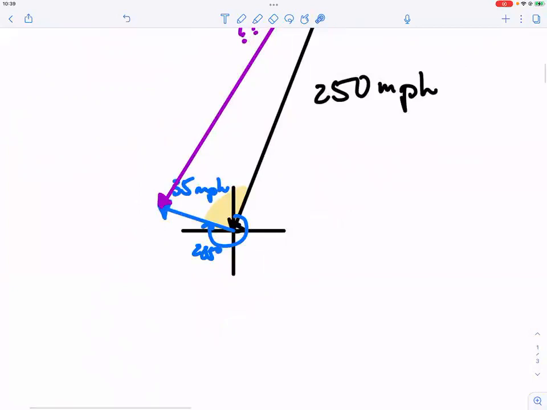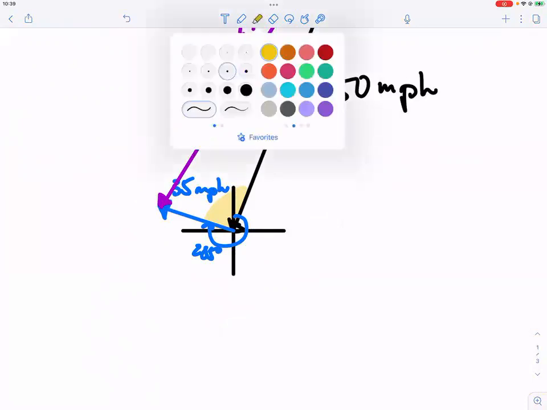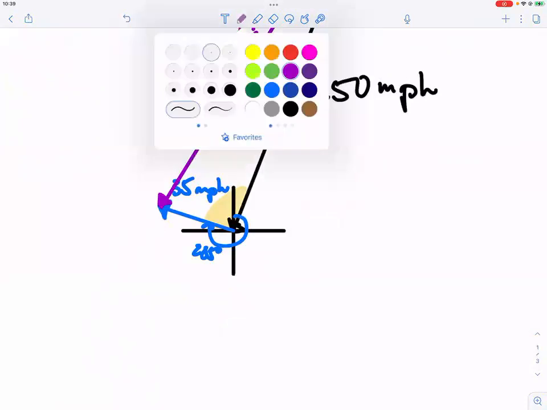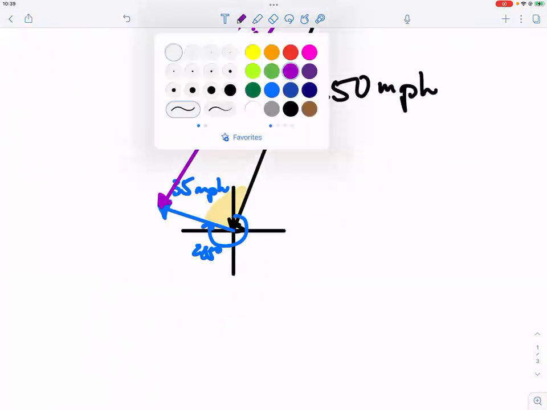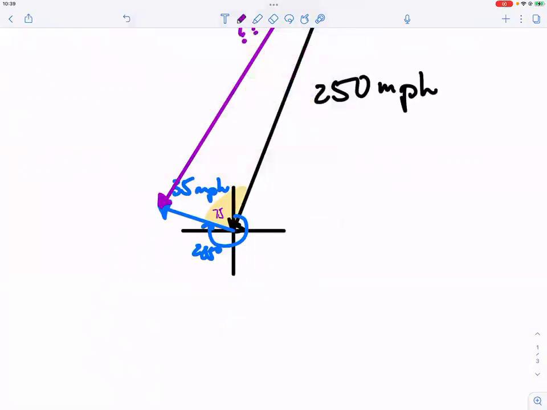Now, if from north all the way to the blue line is 285, if you subtract from 360, this part is 75 degrees.